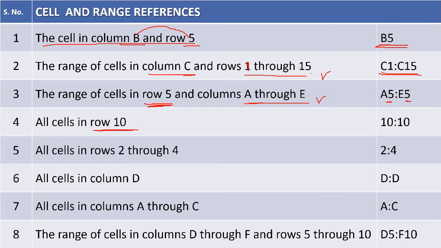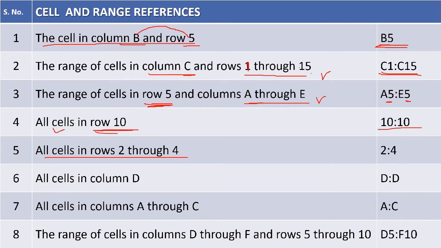You know very well that the number denotes the row. So no need to mention the column separately. There is no column here, so just mention the row alone: 10 colon 10. And all cells in rows 2 through 4.